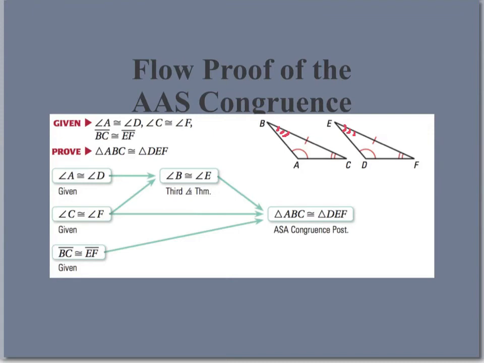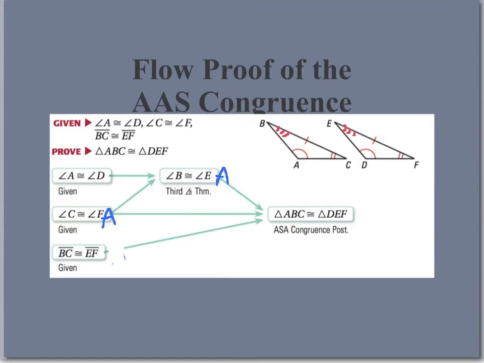So we now know that angle B is congruent to angle E. So now we have enough because we now have an angle, oops, there's the angle up there, and a side that are going to be congruent to each other. Okay, so let's get rid of that because we know that is not the right letter there.